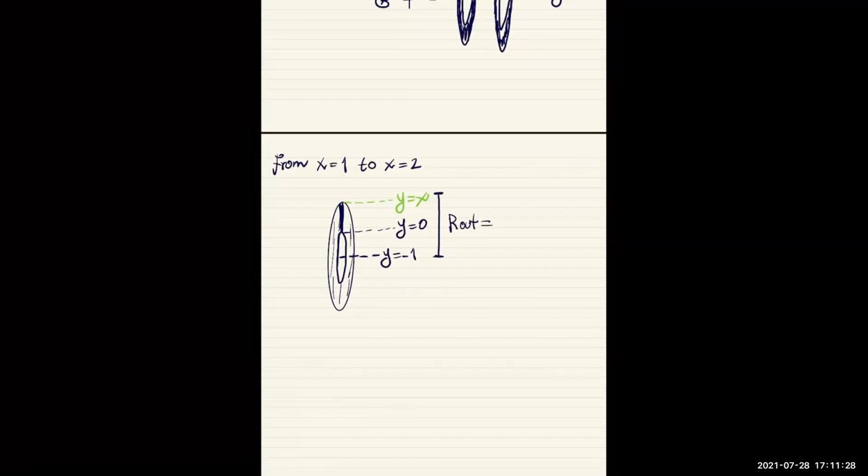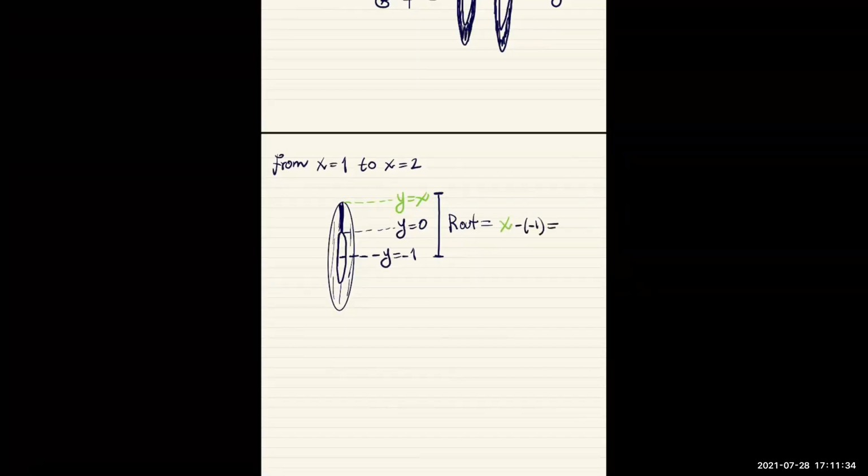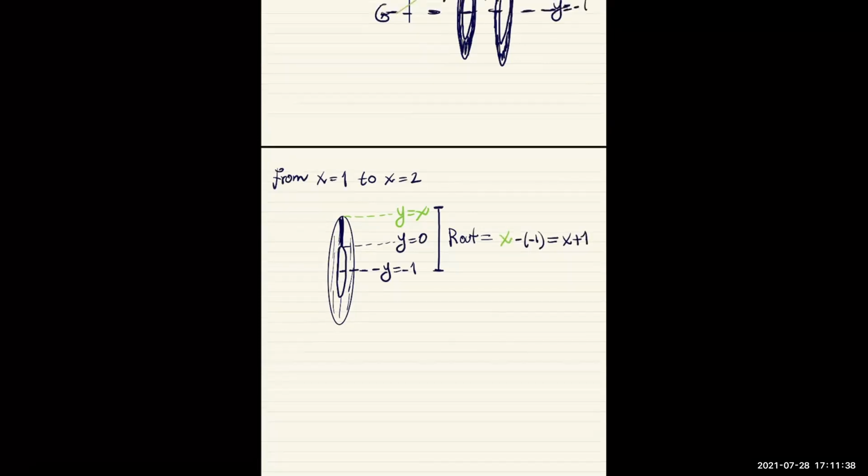The outer radius is equal to top minus bottom, so x minus -1, that gives us just x plus 1. And the inner radius, no brainer. The inner radius is just 0 minus -1, that's just 1.